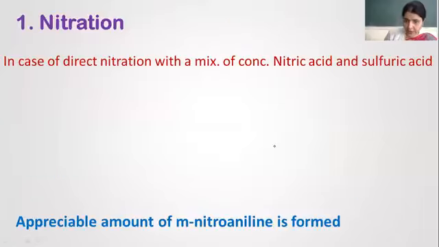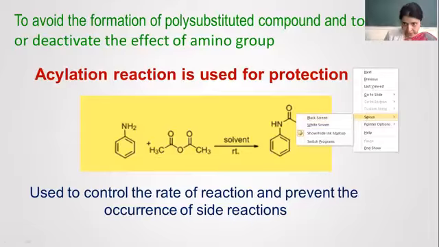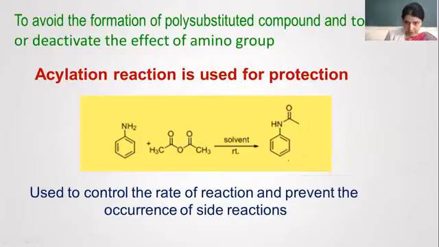This molecule is acetanilide, and this acetanilide has an anilide group which is less activating. It also increases the electron density on both the ortho and para positions, but it is less reactive or active as compared to the aniline group.